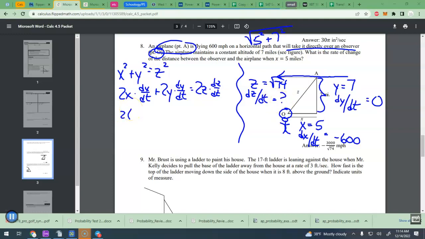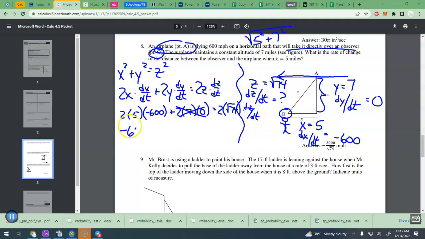So x is 5, dx dt is negative 600, y is 7, dy dt is 0, so that's all just going to go away. 2 times the square root of 74 times dz dt. Sorry, it's kind of messy there.